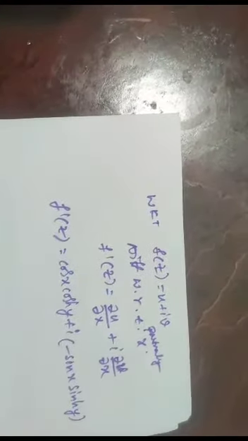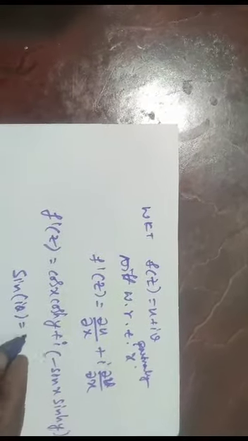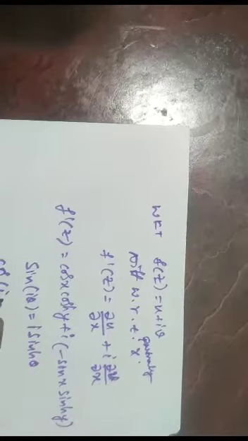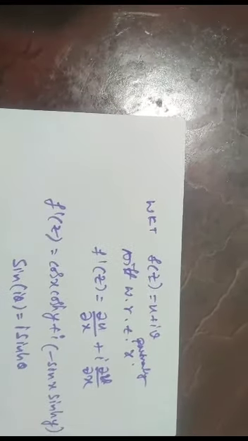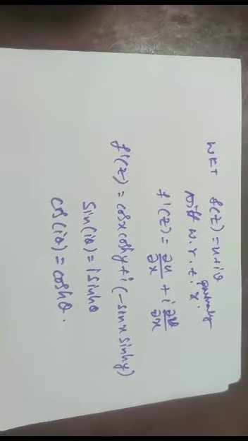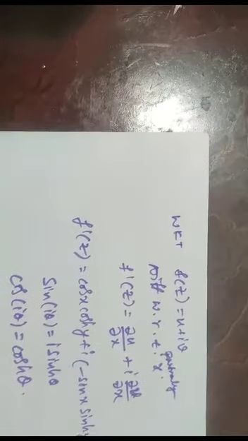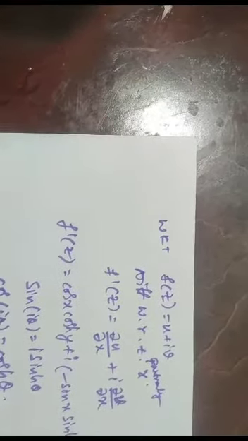Again from the formula, sin i theta is equal to i sin hyperbolic theta, and cos i theta is equal to cos hyperbolic theta. F dash of z is, here write cos x as it is.